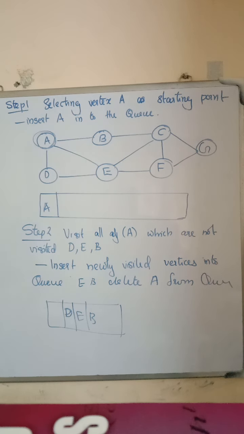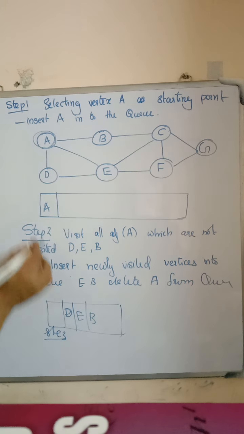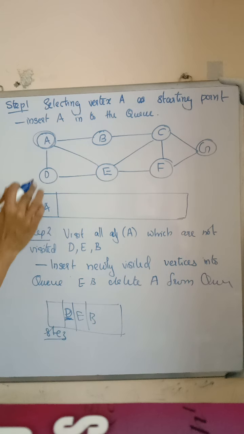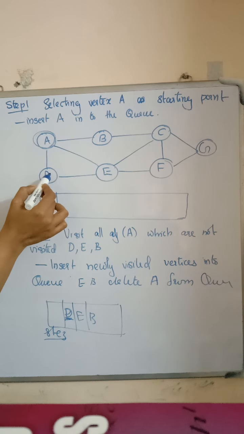Now in step 3, visit all the adjacent vertices of D and delete D from the queue. What are the adjacent vertices of D?